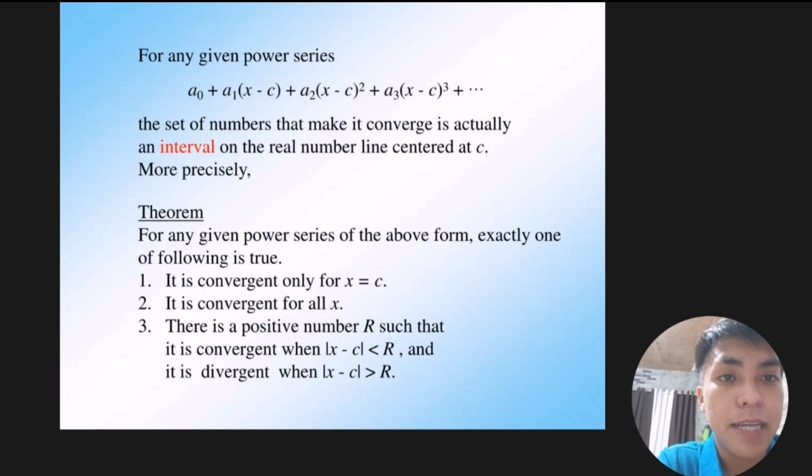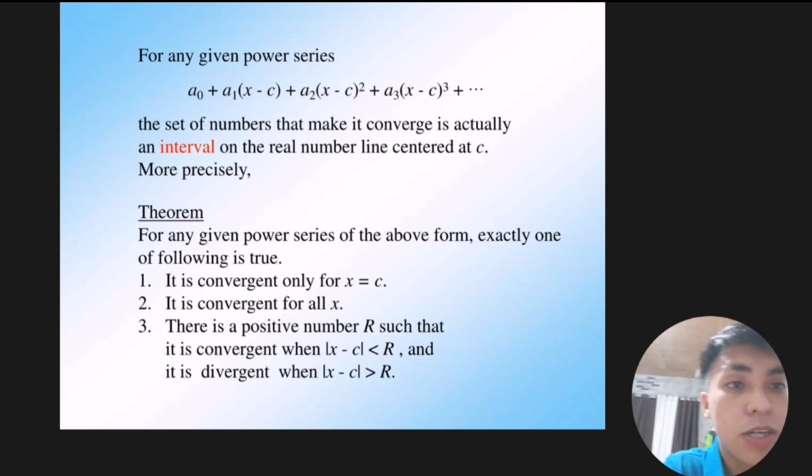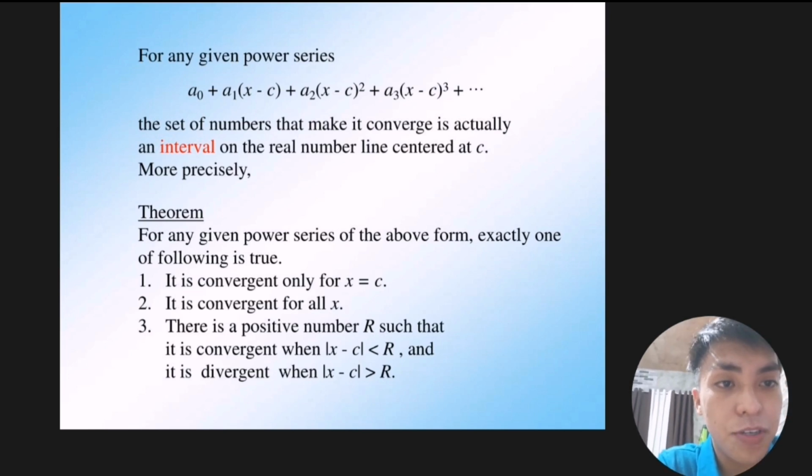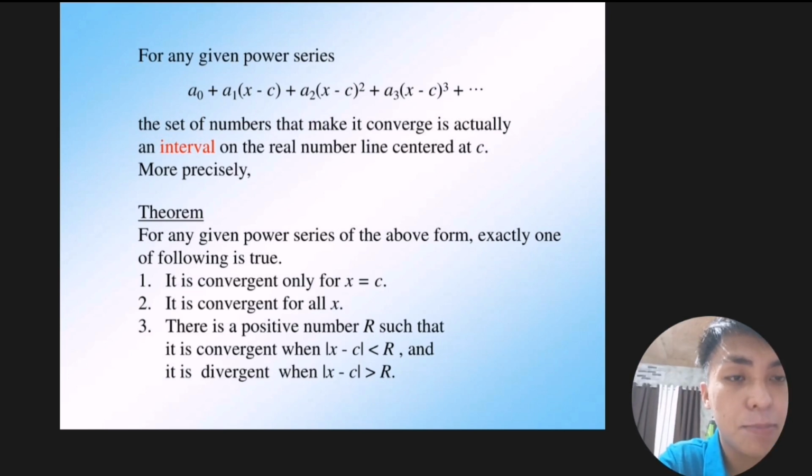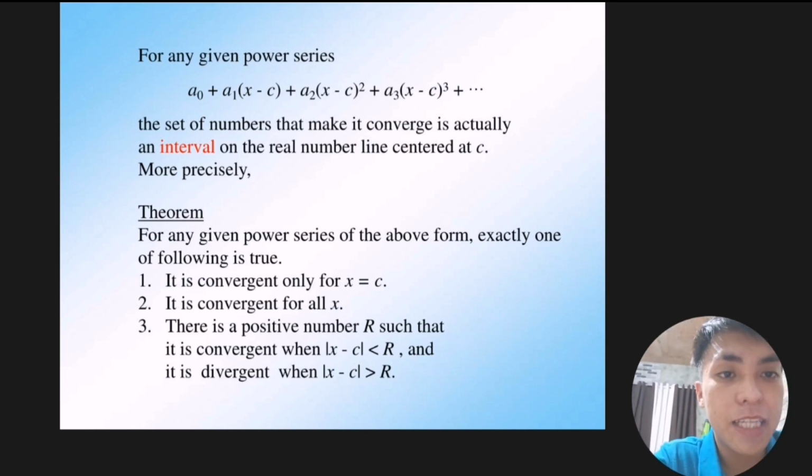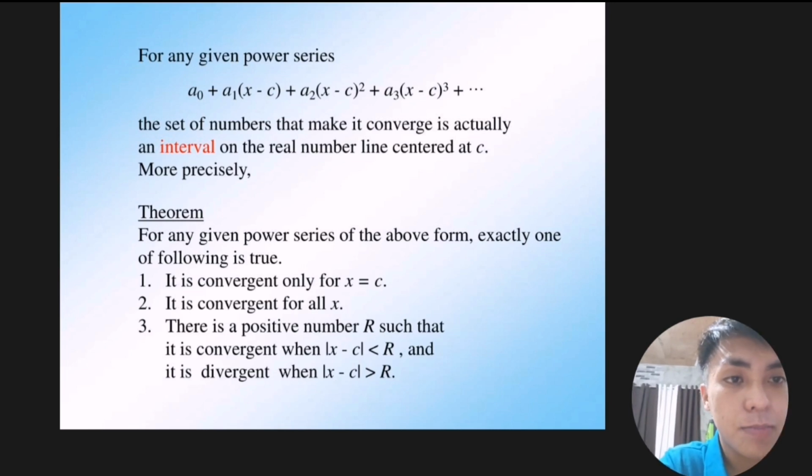Third, there is a number r, the radius, such that it is convergent when the absolute value of x minus c is less than r, and divergent when the absolute value of x minus c is greater than r.